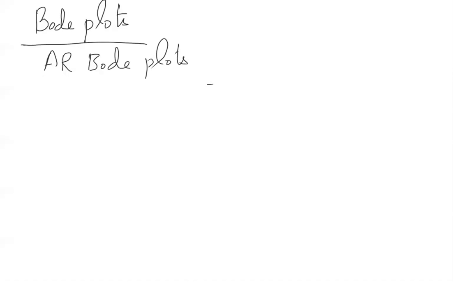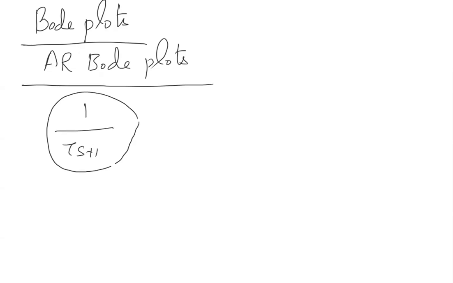Amplitude ratio Bode plots. Let's take the transfer function 1 by tau s plus 1. So what is the amplitude ratio for this transfer function? One by root of tau square omega square plus 1.